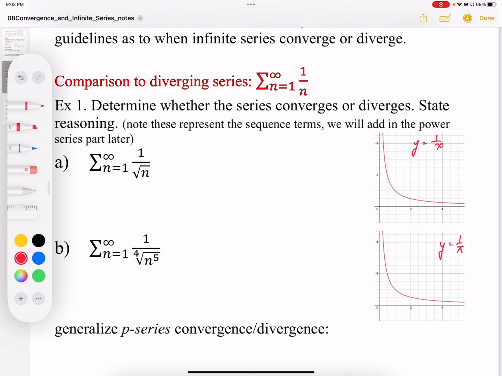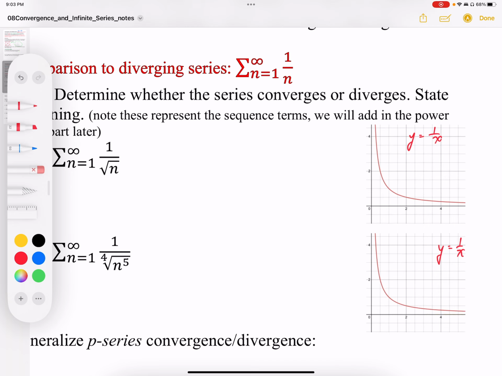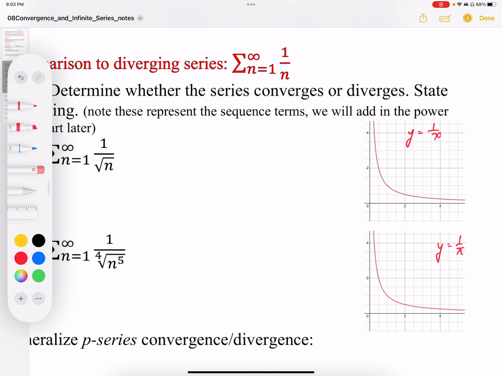We've looked at this before as an integral, and the area under this integral from 1 to infinity is infinite. If the function behaves in that way, we can think that the series behaves in that way as well. This as a series would look like this. We take the middle value of 1 and have an area of 1.